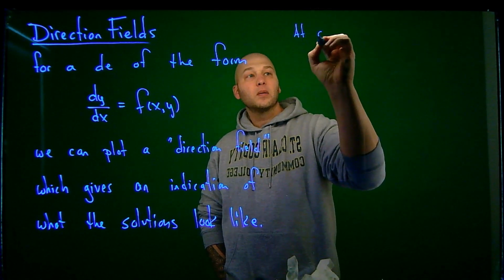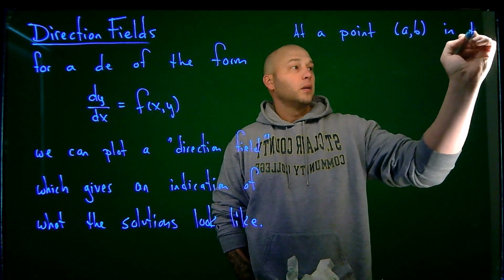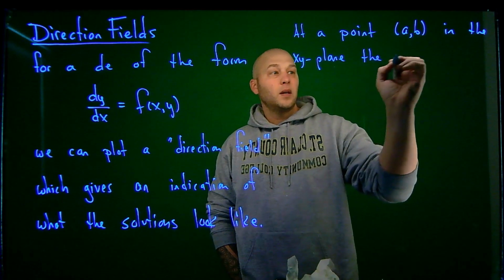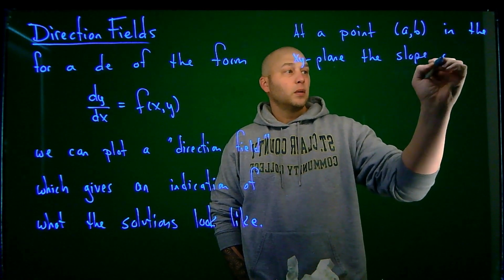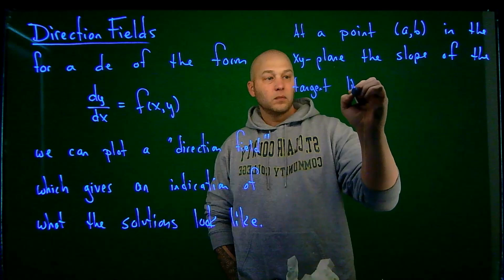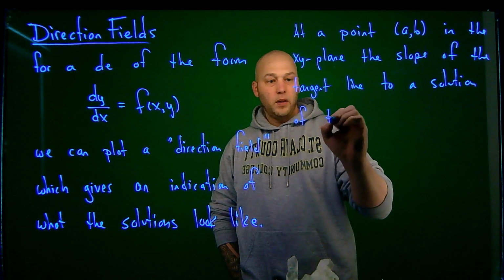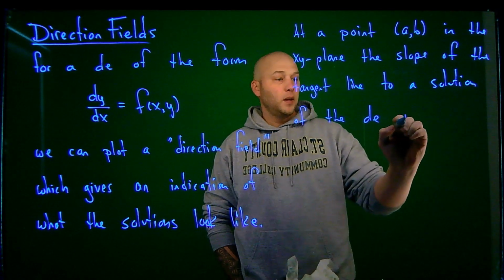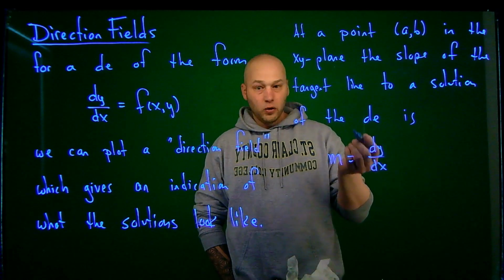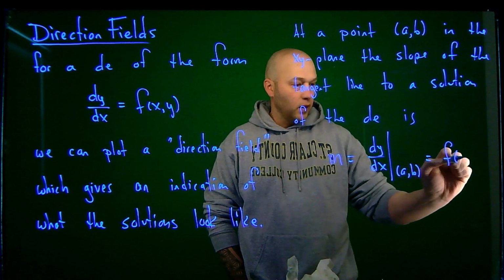At a point (a, b) in the xy plane, the slope of the tangent line to a solution of the differential equation is the derivative of y with respect to x evaluated at that point, but that's just going to be given by f of (a, b).